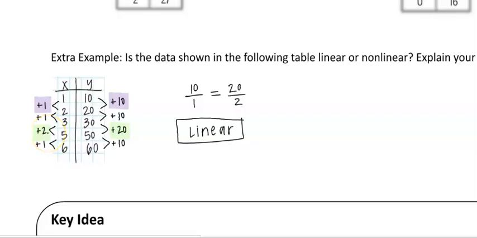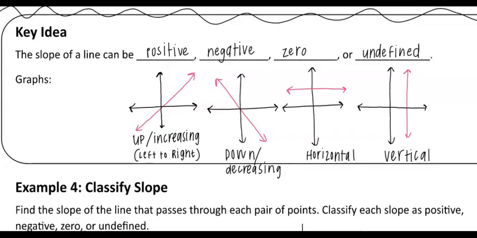So you have to pay attention. Remember, rate of change is change in y over change in x, not just one or the other. You have to divide it out or look at the ratio to tell whether it's a constant rate of change or not. It's important to notice that a slope can be positive, negative, 0, or undefined.